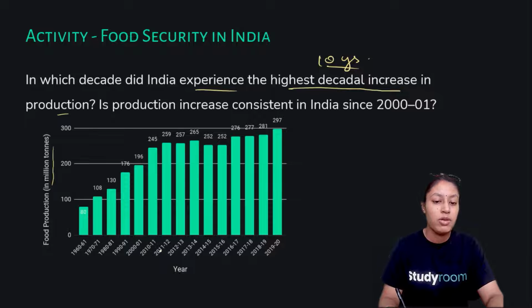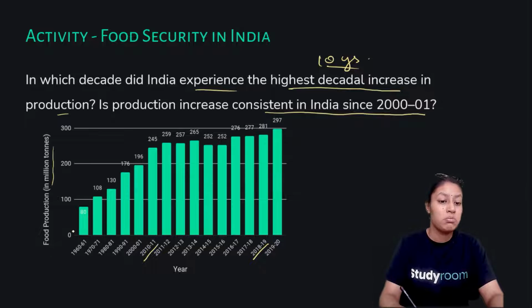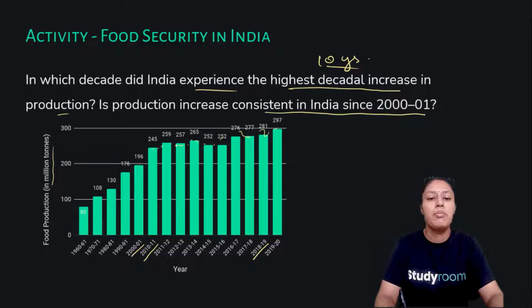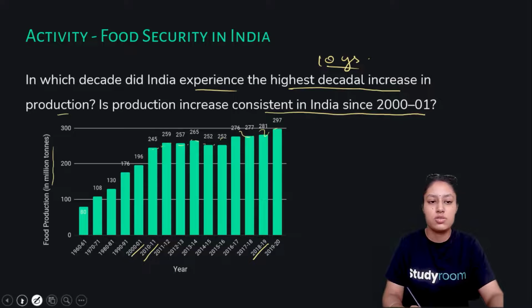So we can call it from 2009 to 19, the decade where the food production is high. Second, is production increase consistent in India since 2000 and 2001? Let's find out. Do you think the graph has been consistent? Yes, we can see that there has been no major difference in numbers. So yes, the production has been consistent in India since 2000 and 2001.